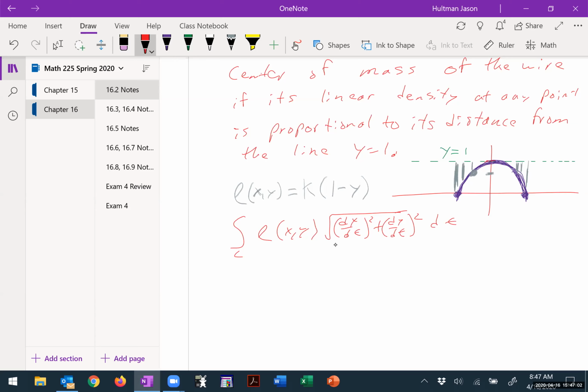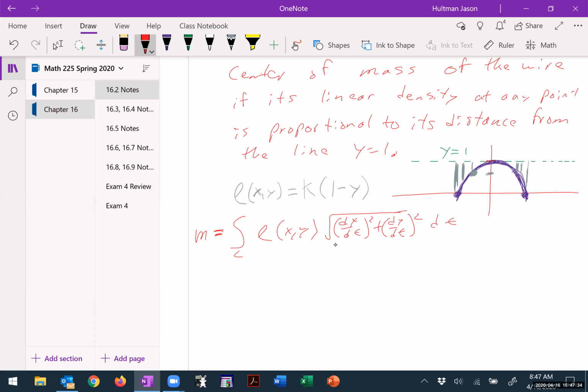And why are we doing this line integral to begin with? What is this going to give us? This is going to give us the mass, the total mass of this wire. And that's what we wanted. We need the total mass first. That's what we're going to divide by to get the center of mass.